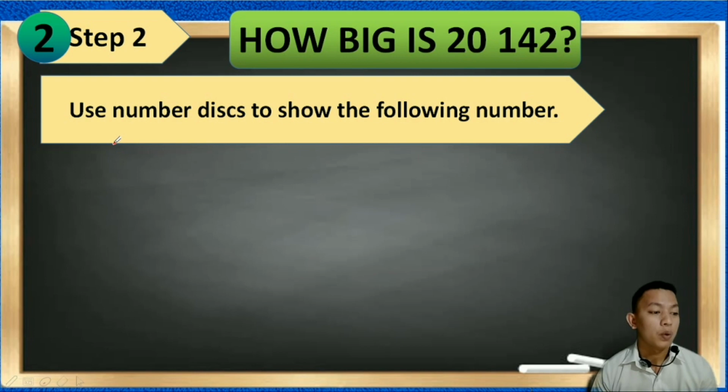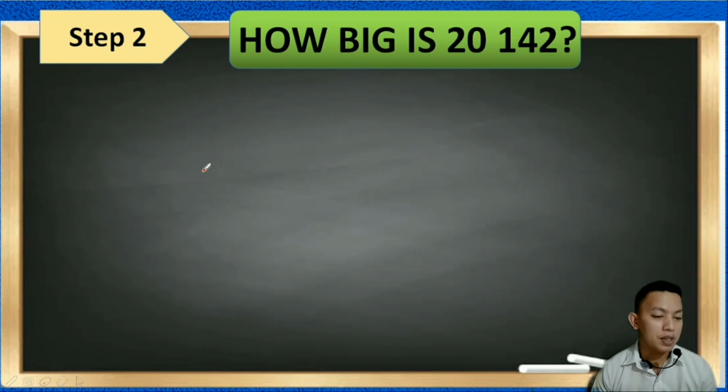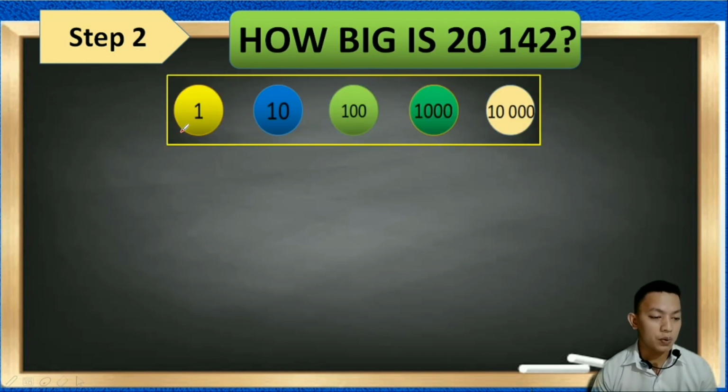This time, we're going to use number discs to show the number. Now to represent a number using discs, these are the discs: 1, 10, 100, 1,000, and 10,000.